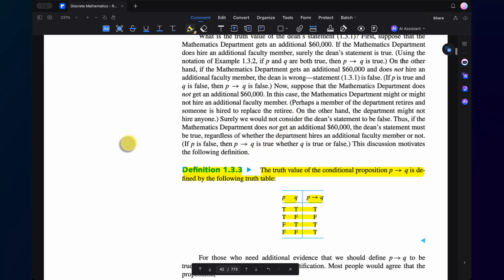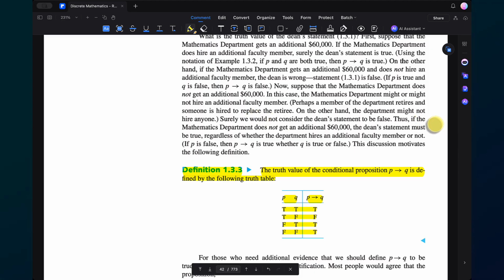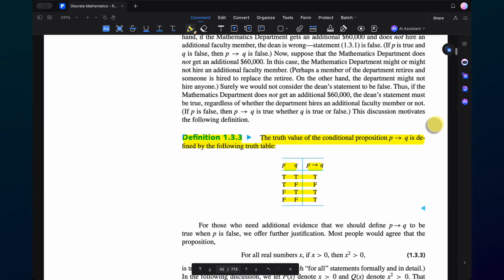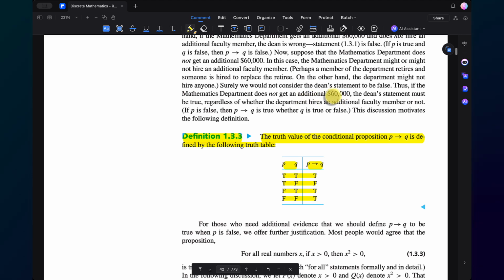On the other hand, the math department might not hire someone. Well, that's fine too. Surely we would not consider the dean's statement to be false. Thus, if the math department does not get an additional $60,000, the dean's statement must be true.